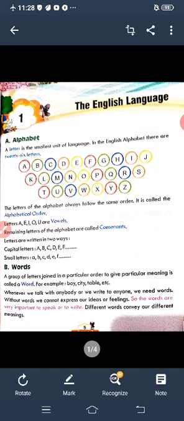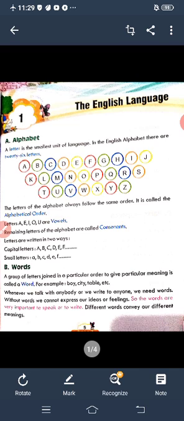Words: a group of letters joined in a particular order to give a particular meaning is called a word. Now, in these alphabets we discussed there are 26 letters, out of which 5 are vowels and the rest are consonants, and there are capital letters and small letters.